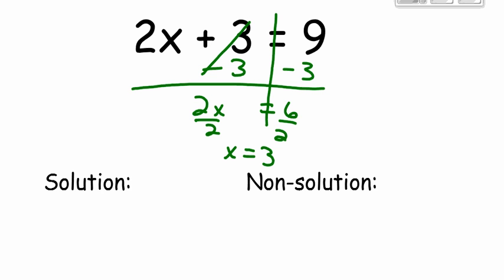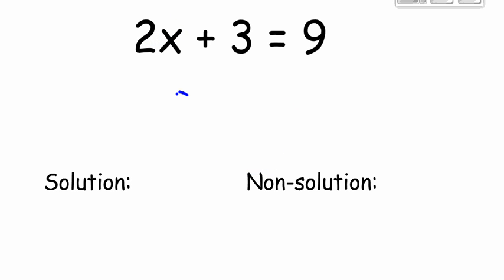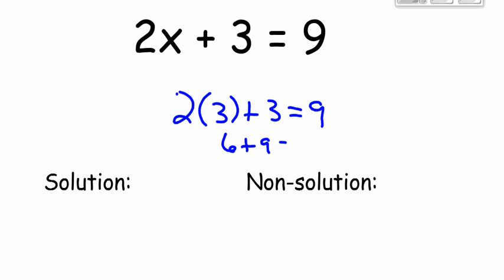So if I take this 3, x equals 3, and plug it back in at the top, 2 times 3 plus 3 equals 9. So 6 plus 3 equals 9. That checks. 6 plus 3 does equal 9.